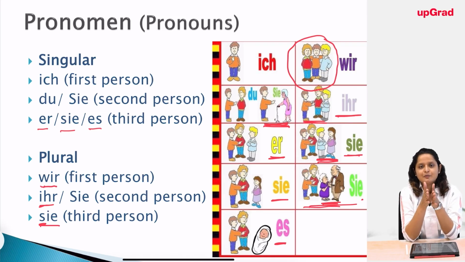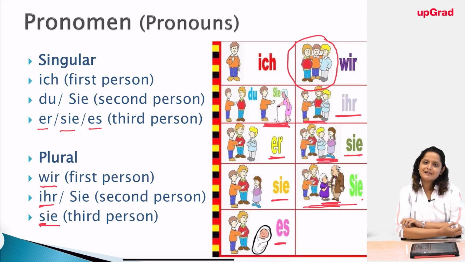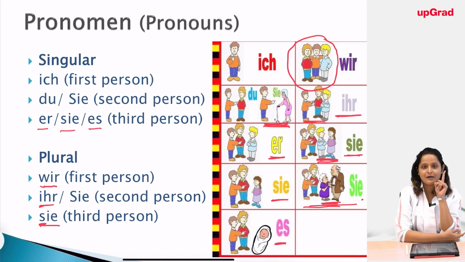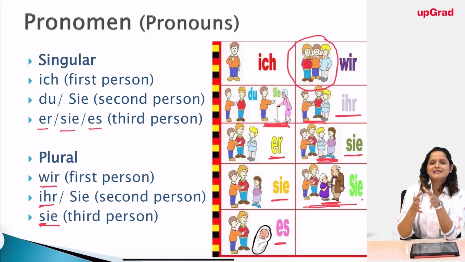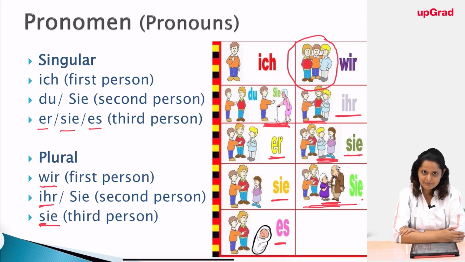Here, always check who that ze stands for. If it stands for one feminine noun, let's say a girl, in that case it is third person feminine singular because we are talking about one girl. But let's say we are talking about a group of kids. Here, it doesn't matter what the singular pronoun is.